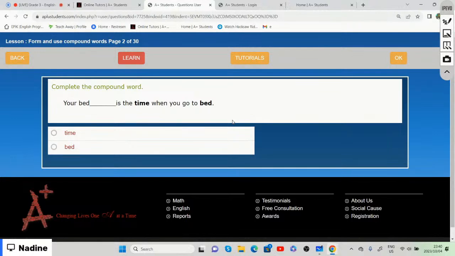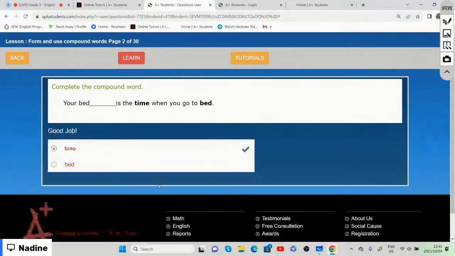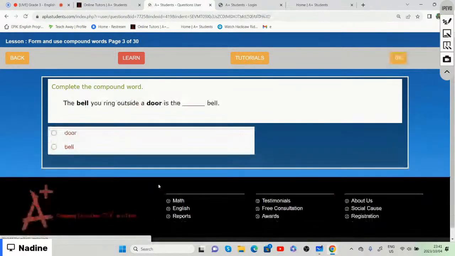So I go to bed at 8. So that is my bedtime. Yes, that is correct. So excellent. Because that is your bedtime. 8 o'clock or 9 o'clock or whichever time that you sleep, that is your bedtime.